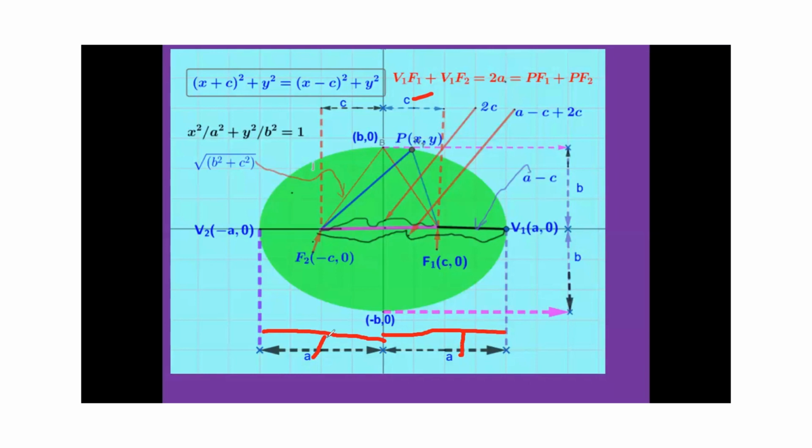The total distance of the vertices from V1 to V2 equals 2A.